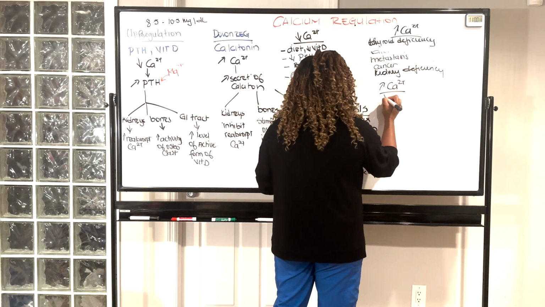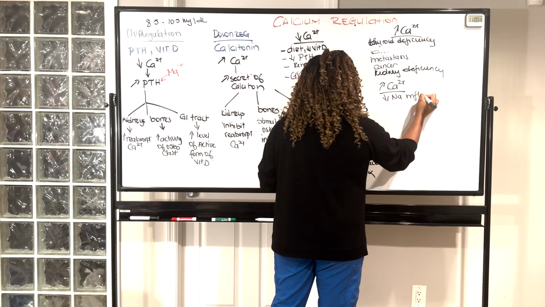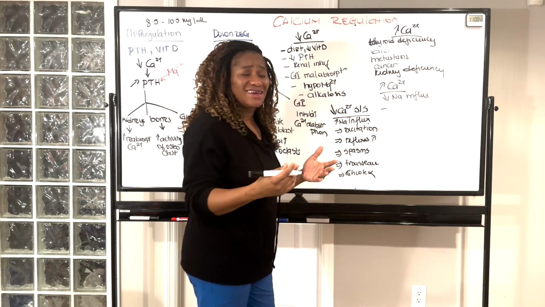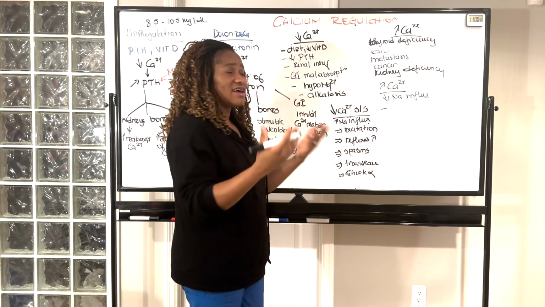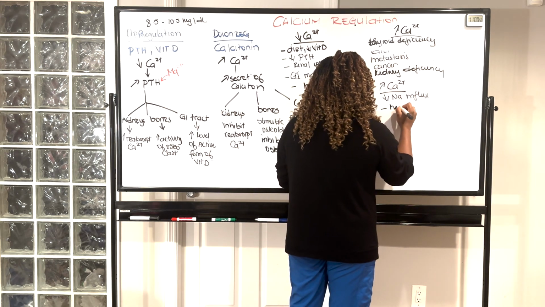So I'm going to have a decrease in sodium influx, which leads to things like headache because I have so much calcium, and lethargy. Everything is going to be kind of slow.